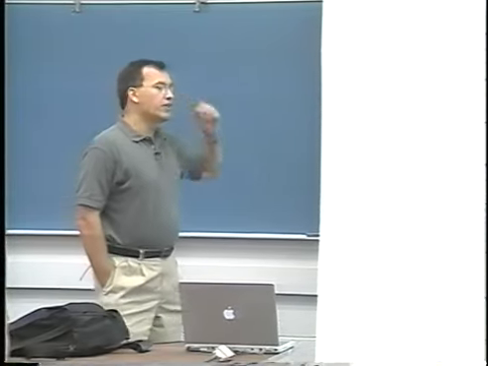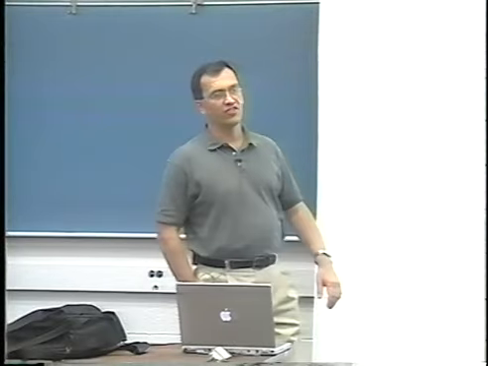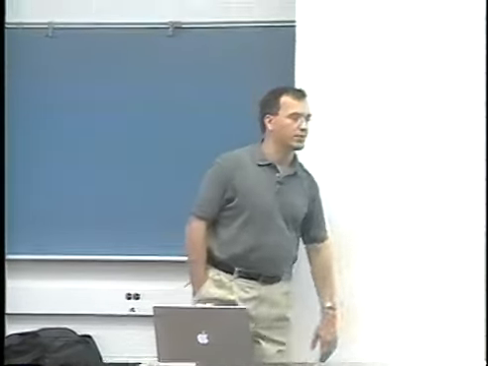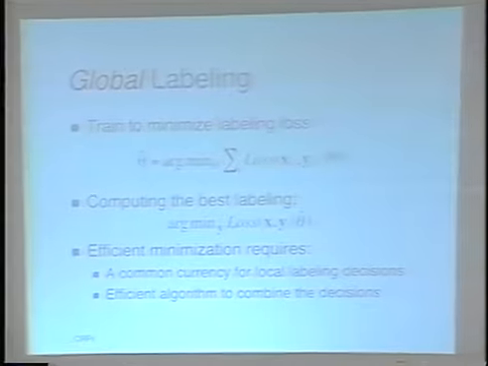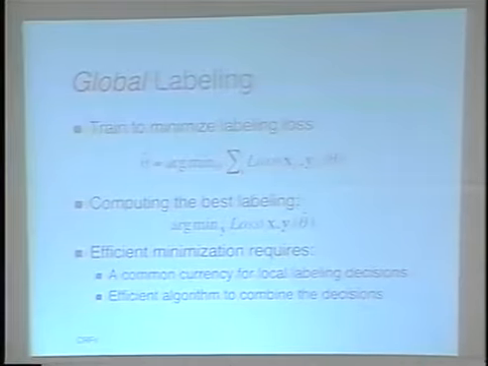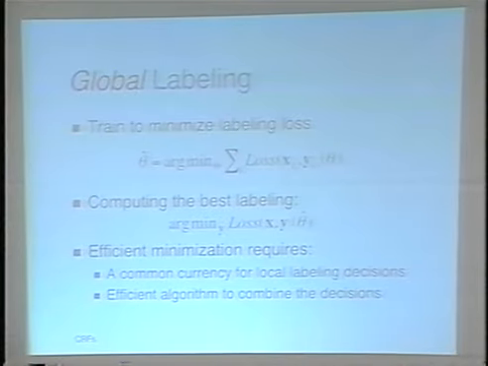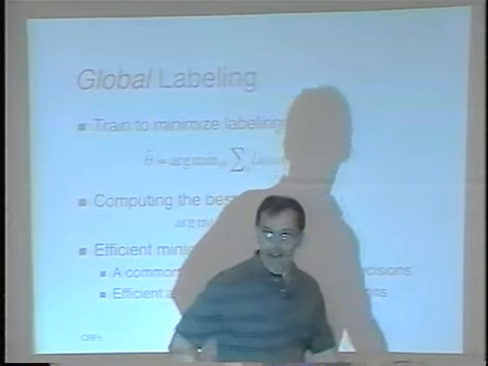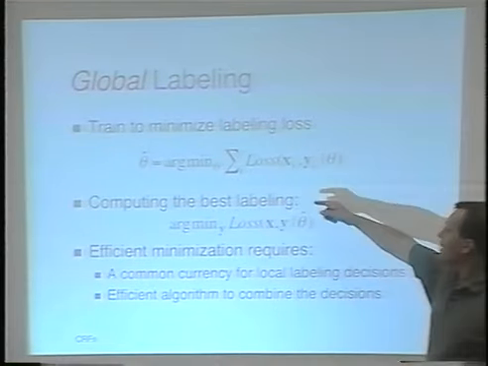So there are two ways you can think about doing these labeling tasks. One is what I'll call here global labeling, and the other one is going to be called local labeling in a moment. So, think of the problem abstractly.